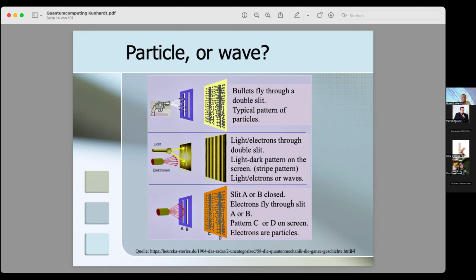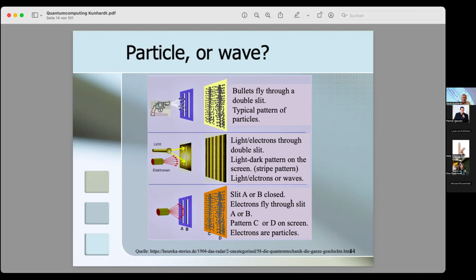If you imagine you shoot bullets with a pistol on this double slit wall, then the bullets fly to the one slit or to the other slit. So we have a typical pattern of particles. On the yellow screen, we see the bullets that came through the slit on the left-hand side, and the bullets that came through the slit on the right-hand side.